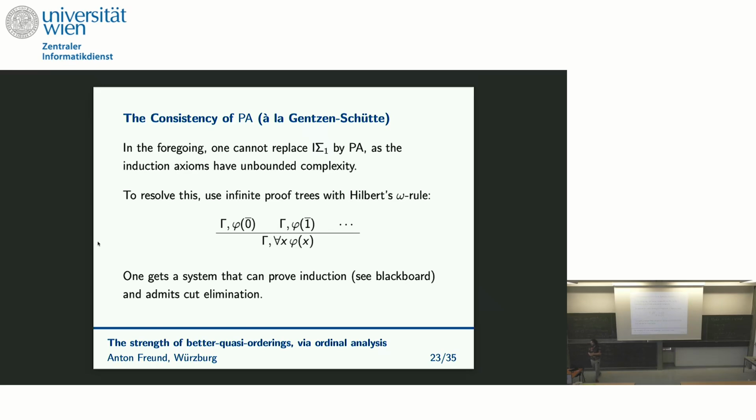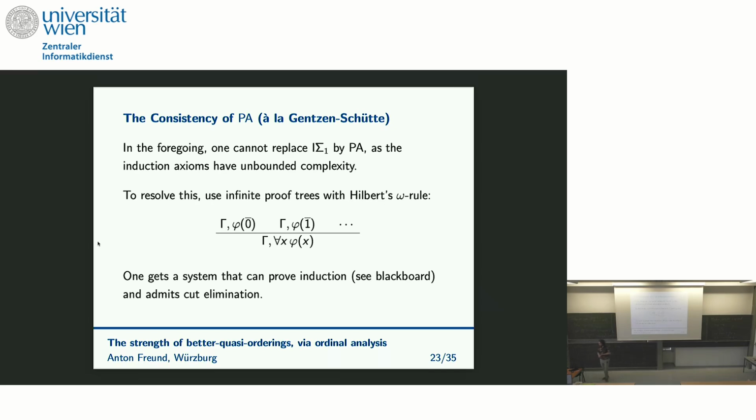Now, there is a very radical step to resolve this due to Hilbert, and this is to pass to infinite proofs and to use the omega rule, which is a rule with infinitely many premises. It says that if you have one proof which says that phi holds of 0, or something from gamma holds, and you have a different proof which says that phi holds of 1, or something from gamma holds, and you have this for each numeral, then you can combine these infinitely many proofs into a proof that the universal statement, for all natural numbers x phi holds, or still something from gamma holds, is true.